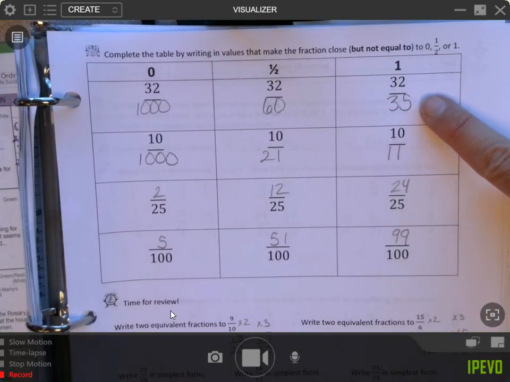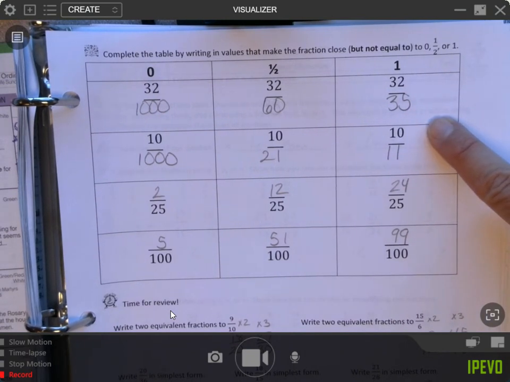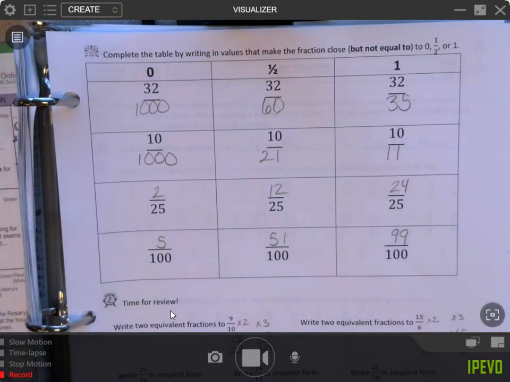And then for the 1 whole would be 32 over 32. So you don't want to put 32 because we don't want it to be exact. So I think in class we put 33. On the answer key it says 35. As long as it's close to that 32, but not exactly 32.